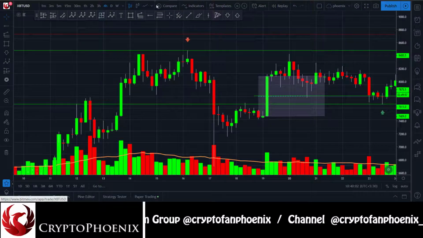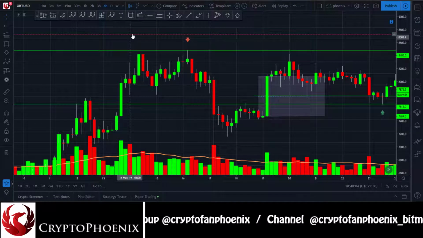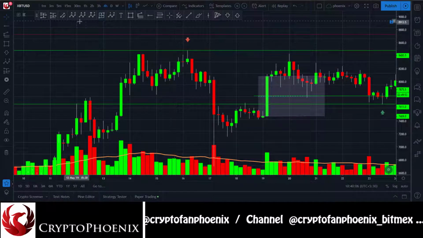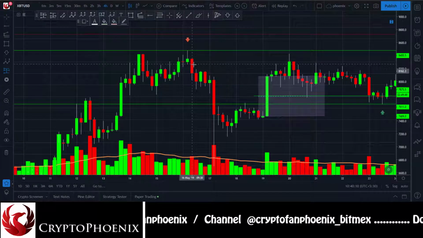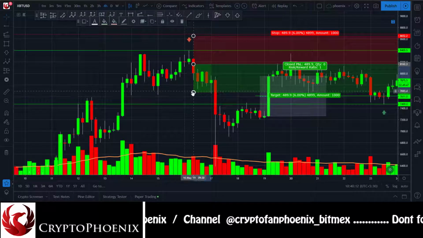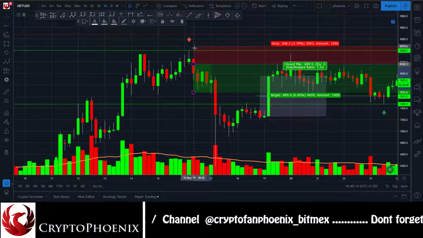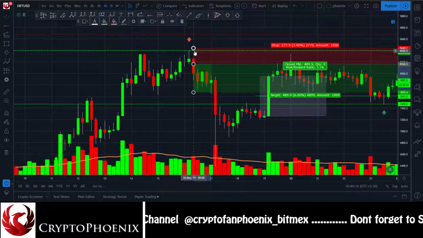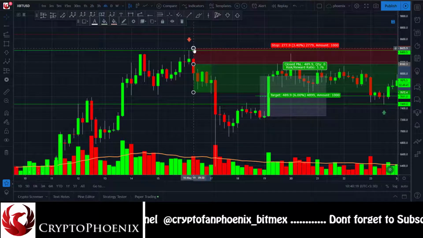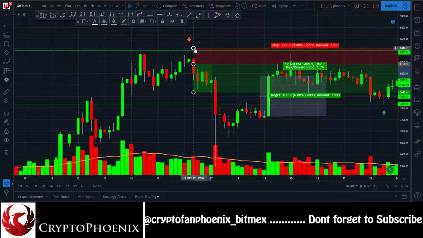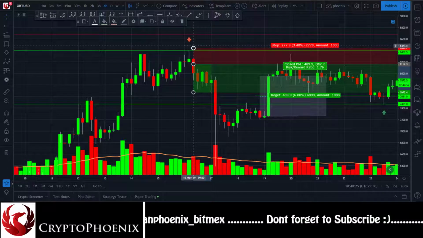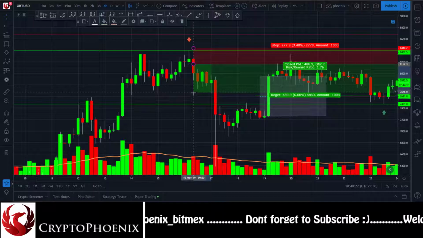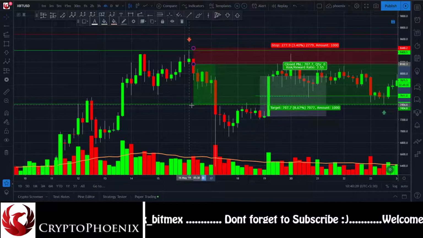And how to trade this? It's very simple. Just add your short and your stop loss right above this. So guys, never ever put your stop loss right at the previous retesting resistance. Just put a few percent upside for the short position and target the lower resistance levels.